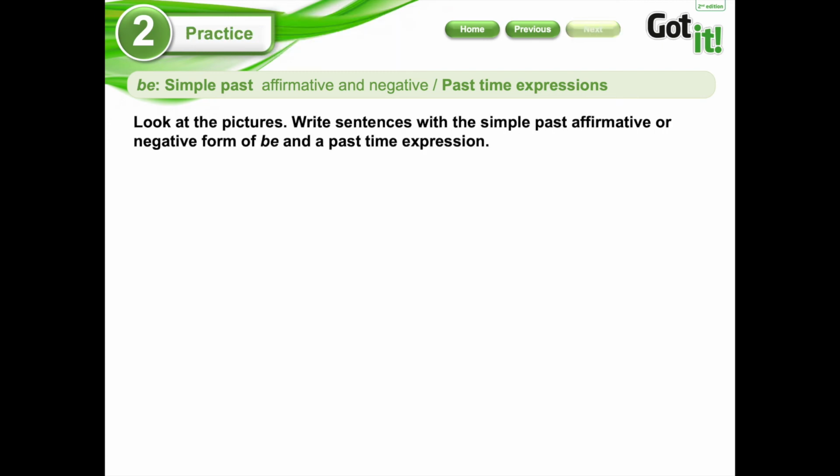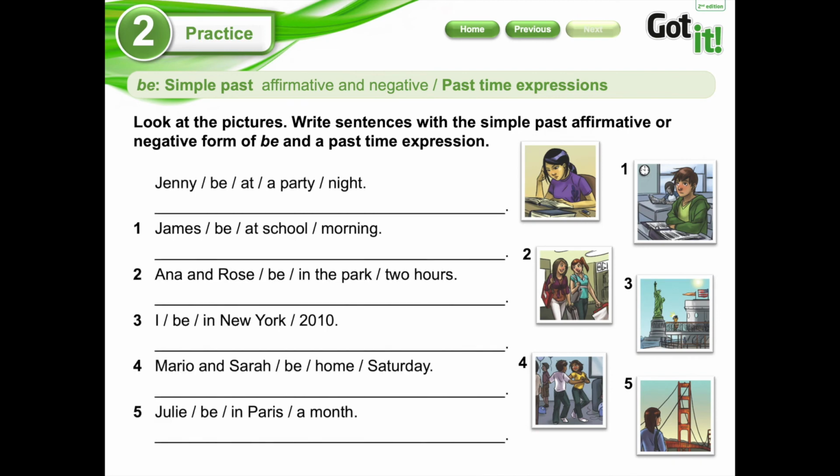Okay, here we have the second exercise, and the instructions as the following. Look at the pictures and write sentences with the simple past affirmative or negative form of be and past time expression. This is very important. You have to use last, yesterday, in, ago. So here we have an example with the photograph that you have here, and says, Jenny, I have to think, what is the modified word of be?